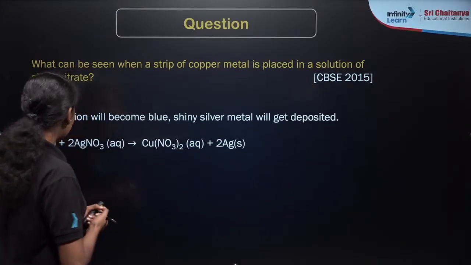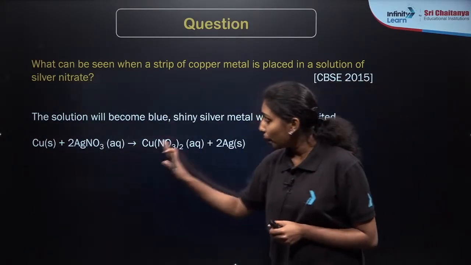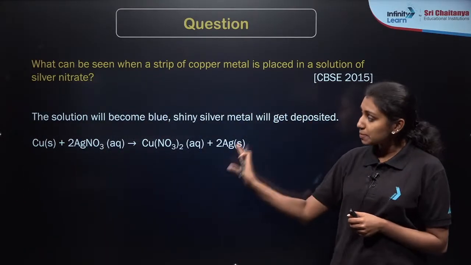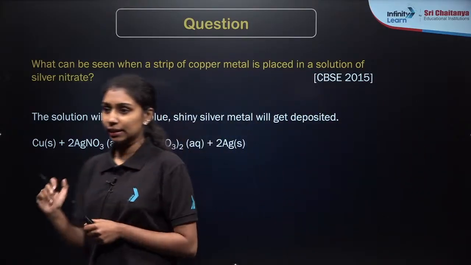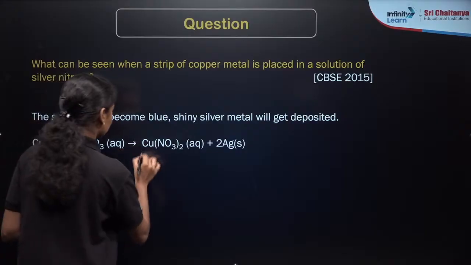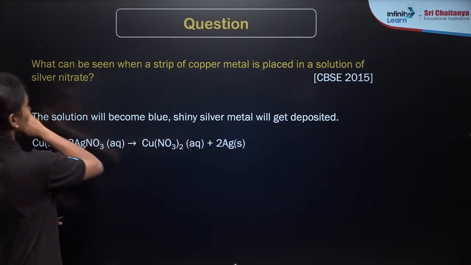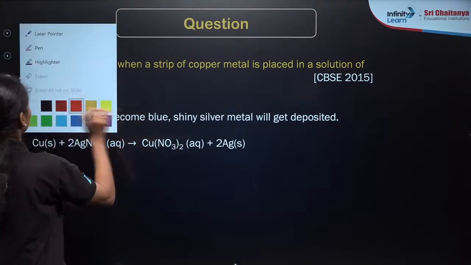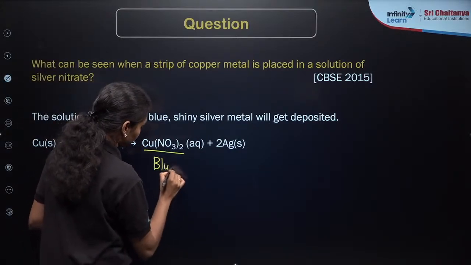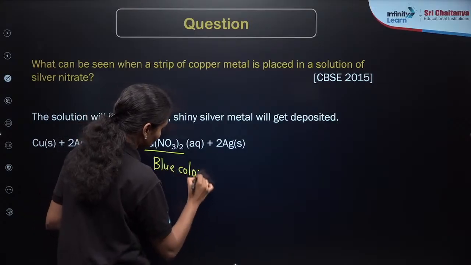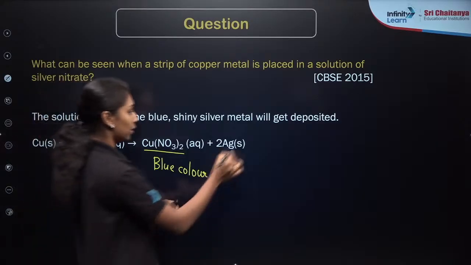This will be the chemical reaction: the copper will be reacting with silver nitrate to form copper nitrate plus silver, which means that the solution will become blue in color because of the presence of copper nitrate. This will be our blue color solution and there will be a shiny appearance of the silver metal deposited over there.